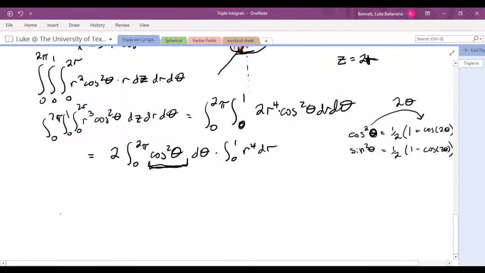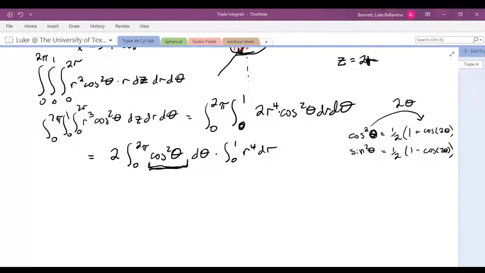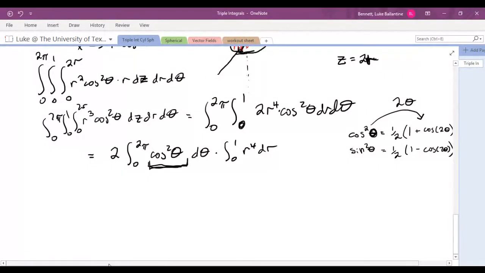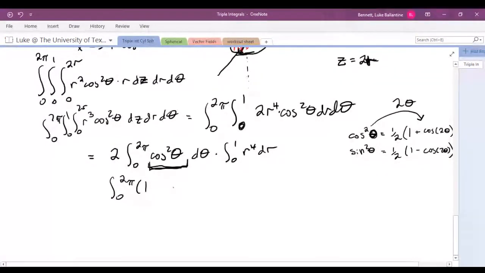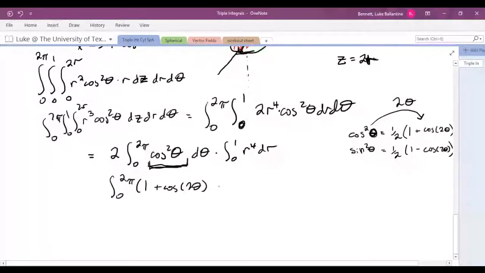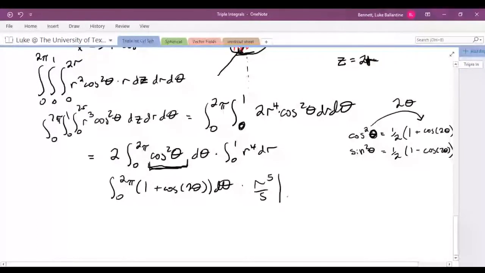Perfect. The 1/2 can get pulled out, and then that cancels with the 2. So you have the integral from 0 to 2 pi of 1 plus cosine 2 theta d theta, which we haven't integrated yet, times r to the fifth over 5 evaluated from 0 to 1.